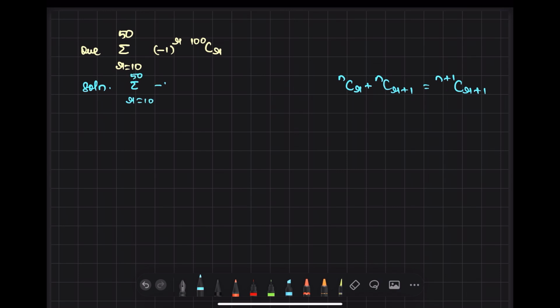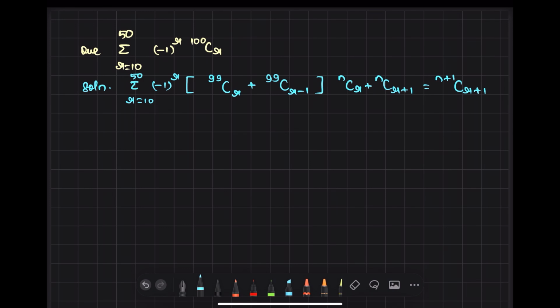Now minus 1 power r. Now look at this, how we will write 100 Cr. Hopefully it has been increased by 1, so it would be 99 Cr plus 99 Cr-1. I'm saying something and I'm writing a different thing.